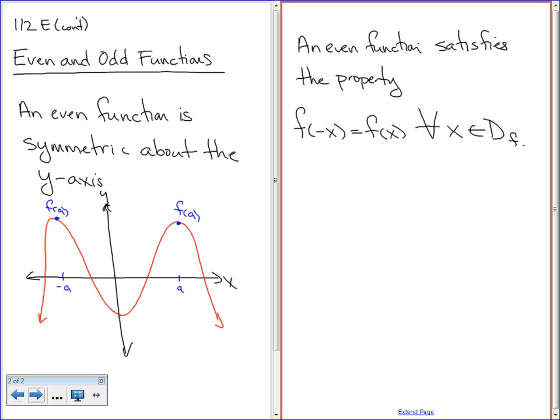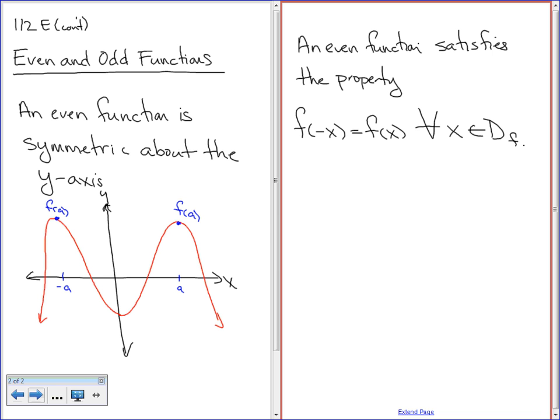Okay, so here there's a whole bunch of math symbols, right? What this means is if I substitute negative x into the original function and then simplify, and after I simplify I end up with the original function, okay, then it's an even function.